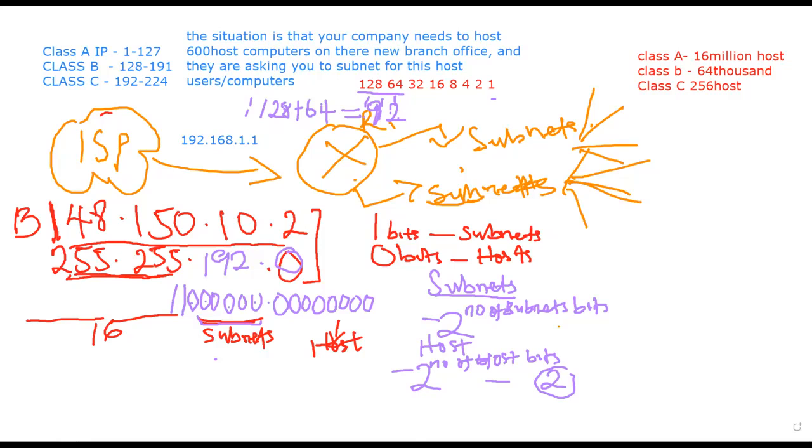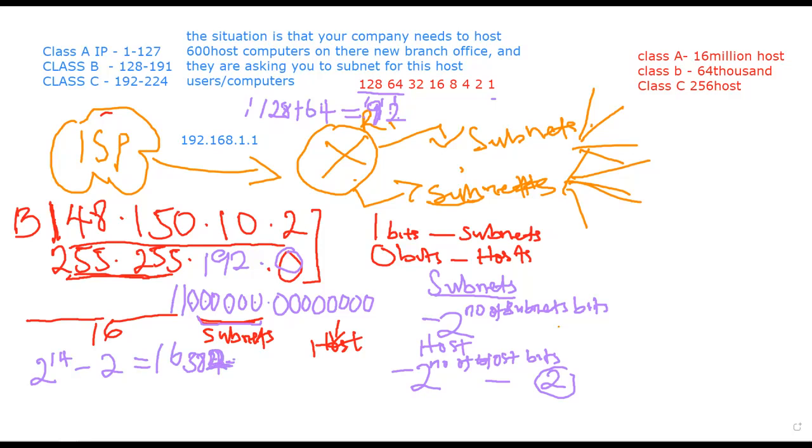So we have 14. If we do again the max and say 2 to the power of 14 minus 2, let's see what we would definitely have in this situation. 2 to the power of 14 is 16,384, which minus 2 will give us 16,382.